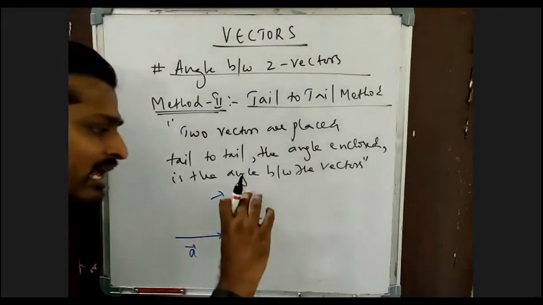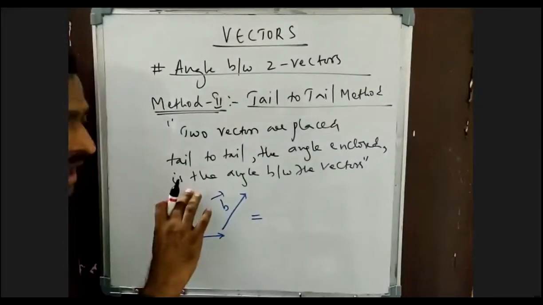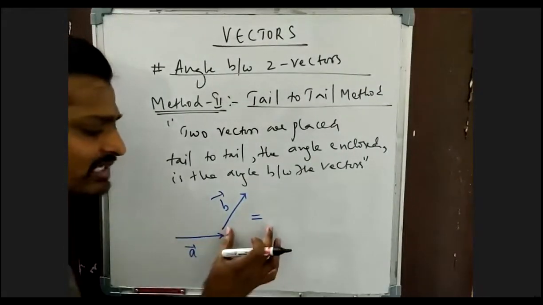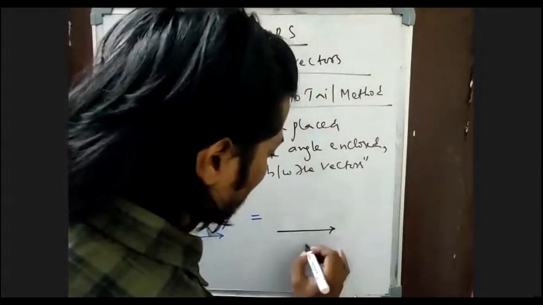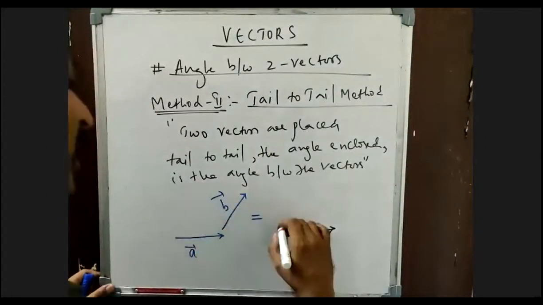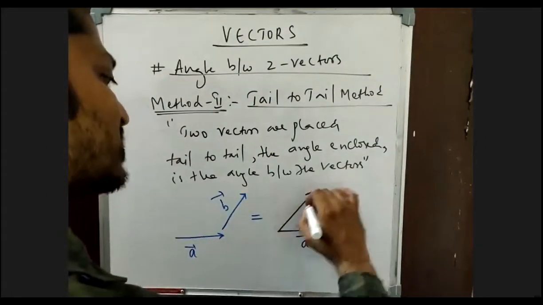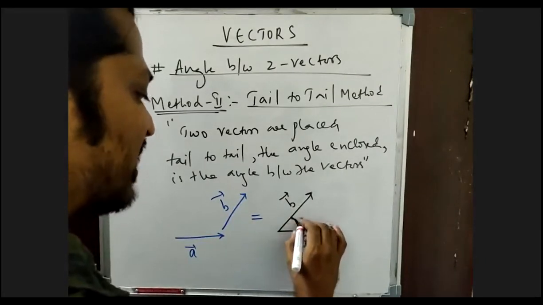What I can do is take the second vector and keep it at the tail of the first vector, or else take the first vector and attach it to the tail of the second vector. Anyhow, that will give me one and the same answer. This will be the vector A bar. I am replacing the vector B bar, shifting it parallelly and keeping it at the tail of the first vector. This is B bar. The angle enclosed between them is theta.